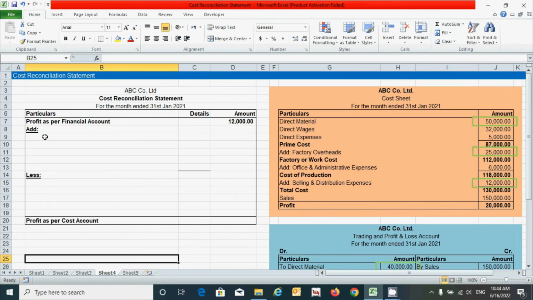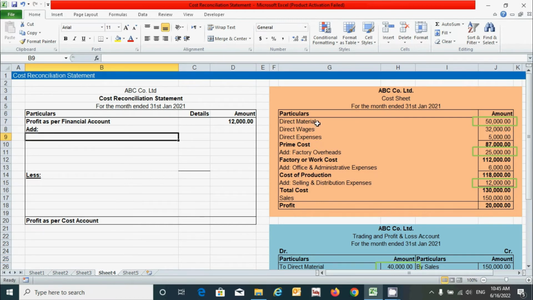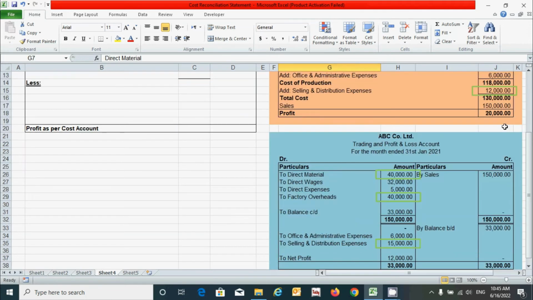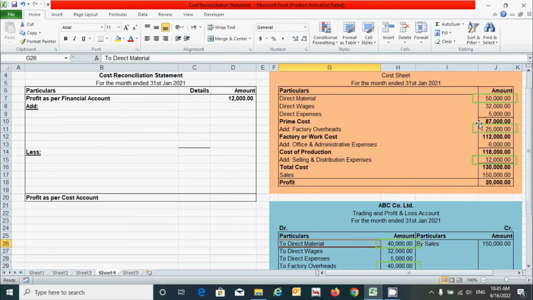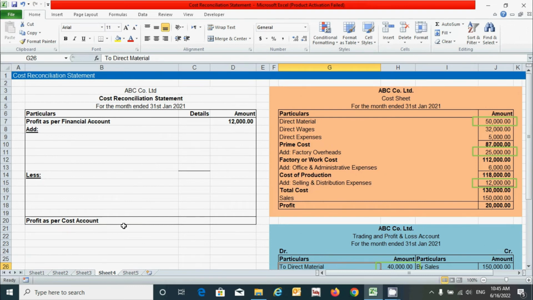Alright, so first click here and just review the first transaction, that is this one. The value of direct material is showing 50,000 rupees, but we can see that the direct material is showing 40,000 only here. That means this value is over value by 10,000 rupees. So we have to follow this account because we have started with the finance account.